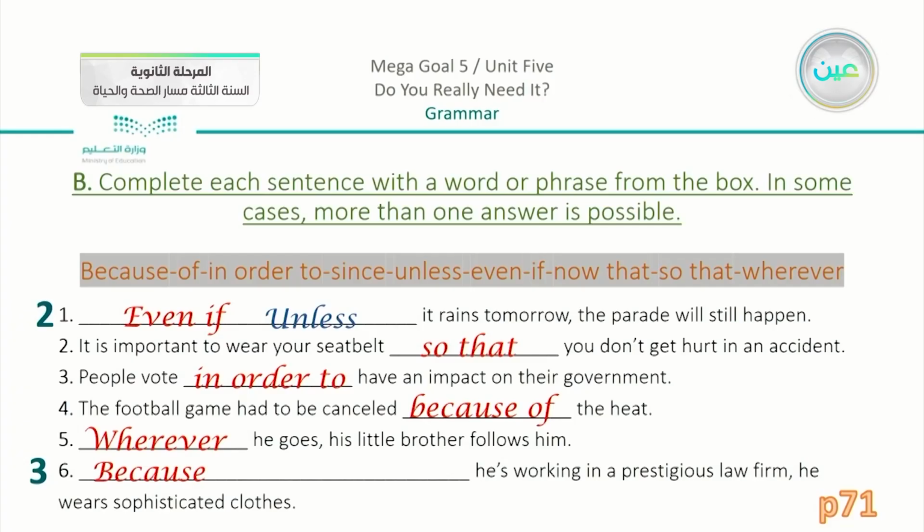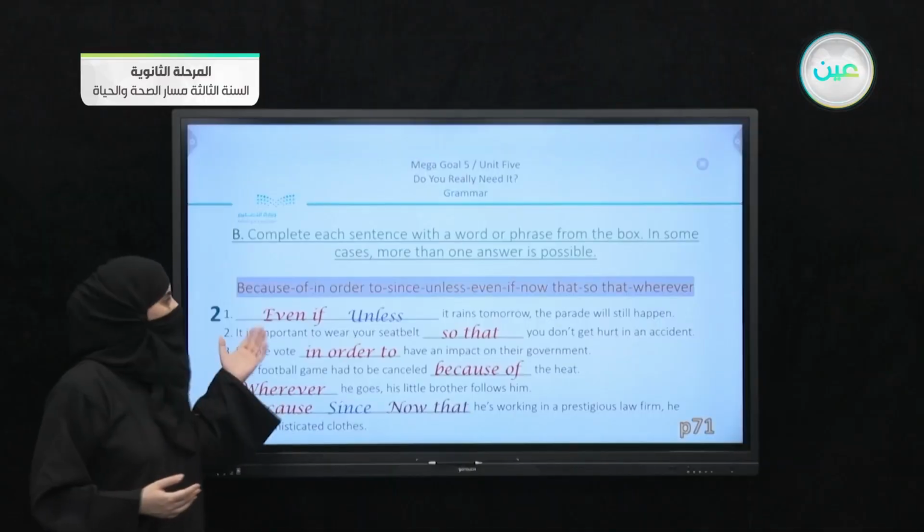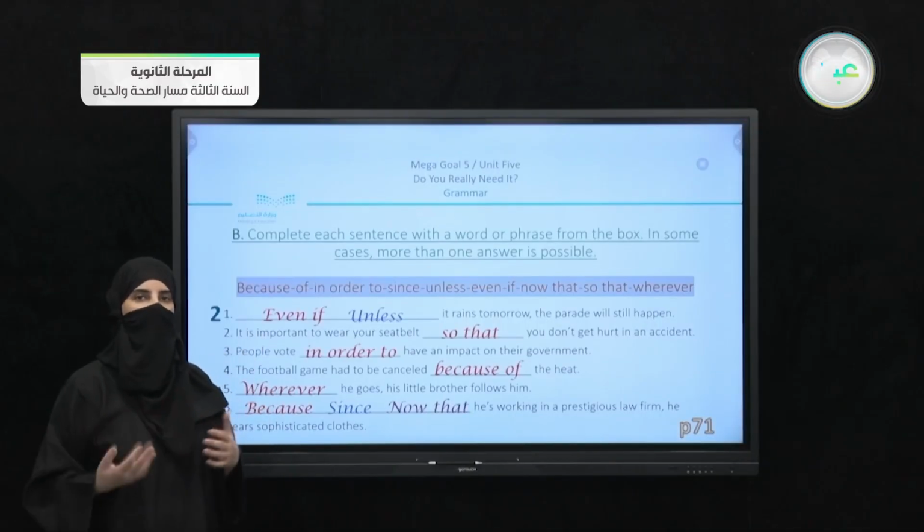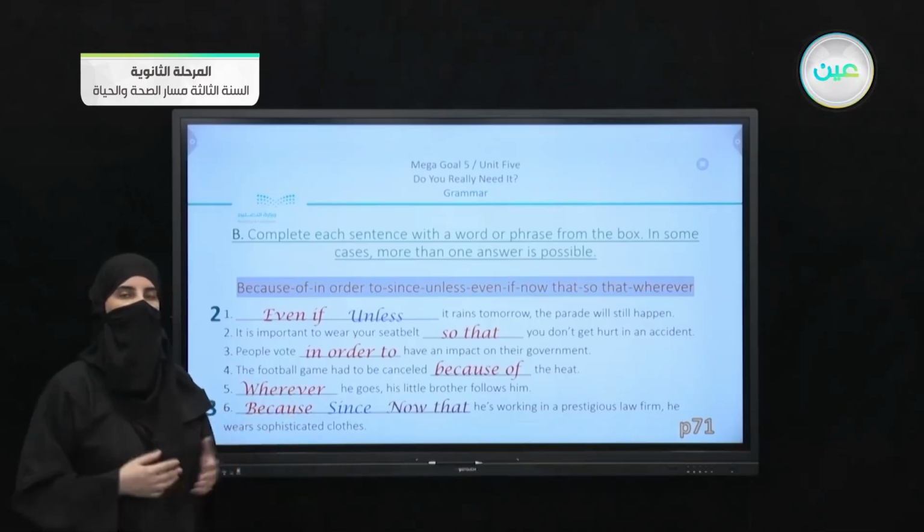We showed reason. Since he's working in a prestigious law firm. And also we can say, now that he's working in a prestigious law firm, he wears sophisticated clothes. So we can see that we do have some choices in number 1 and also in number 6, just to show you that whichever answer you have chosen from these is going to be the correct answer.